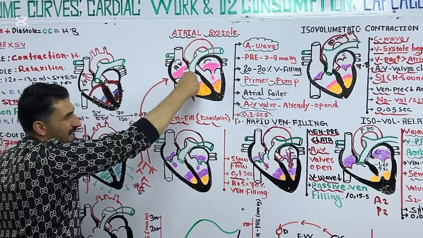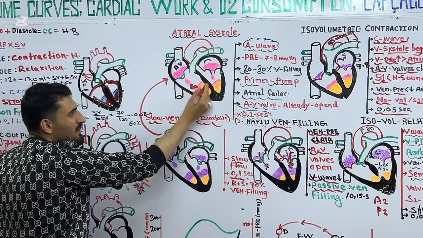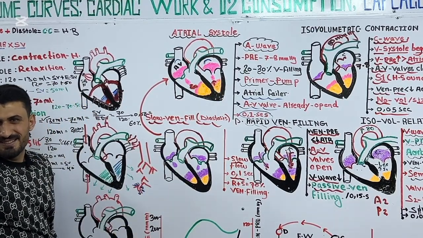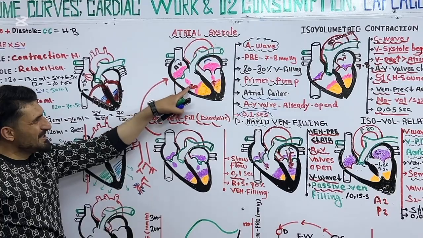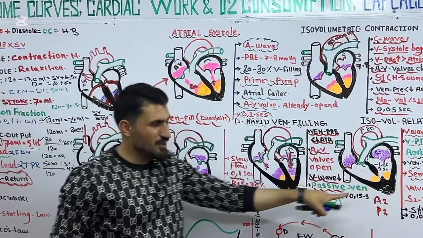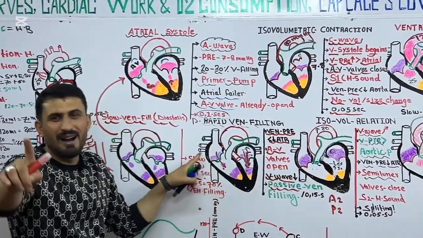Now the atria contract again, and the ventricles are already filled more than 70 to 80%. Got it? And it pumps only 20% furthermore, and the cycle continues. So all this cycle causes one heartbeat.